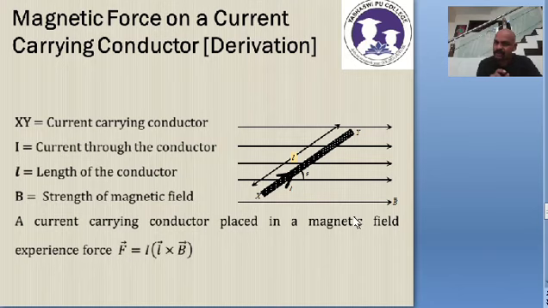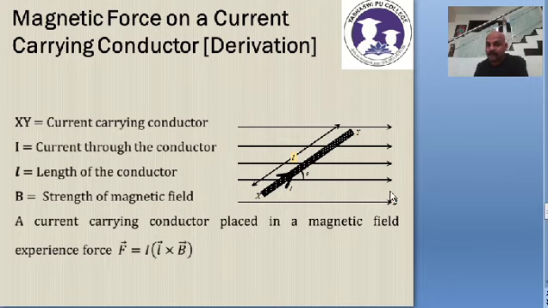Now notice this one, a current carrying conductor. As we know, a current carrying conductor produces a magnetic field. Here these lines represent the applied magnetic field.